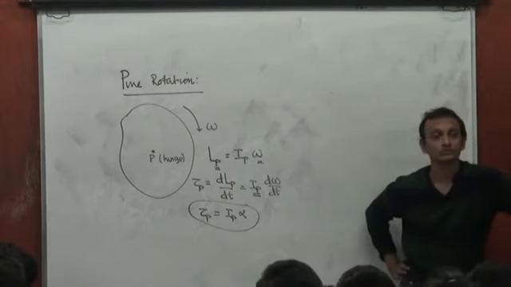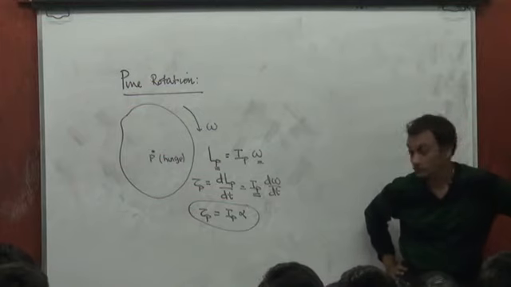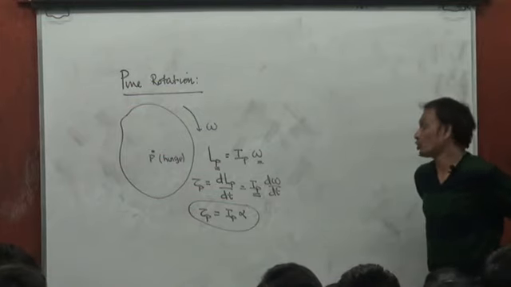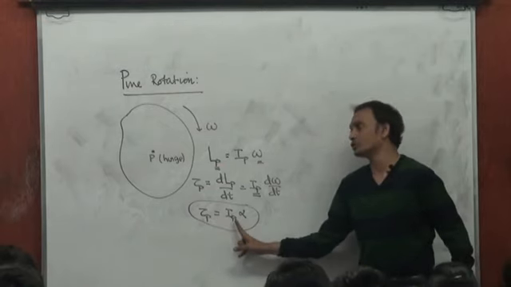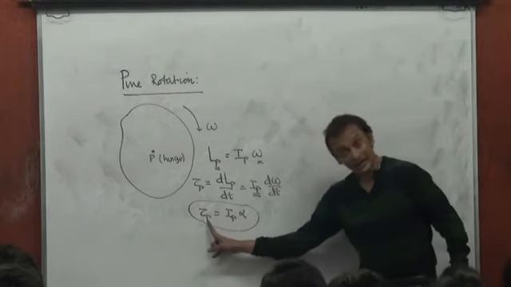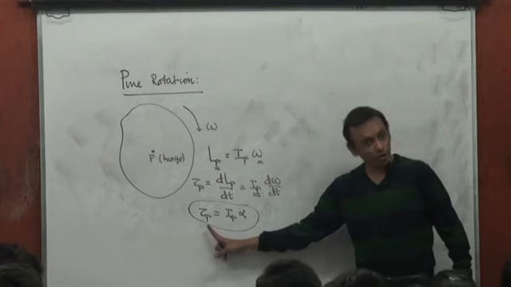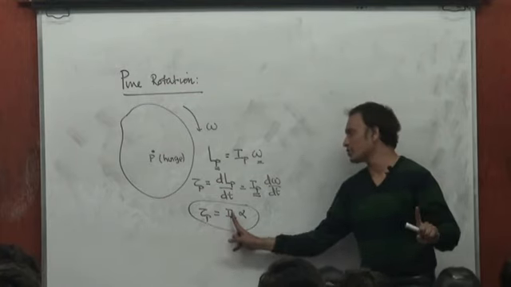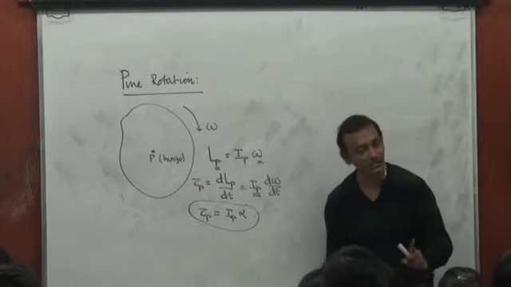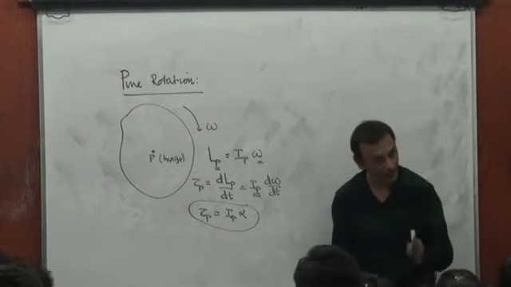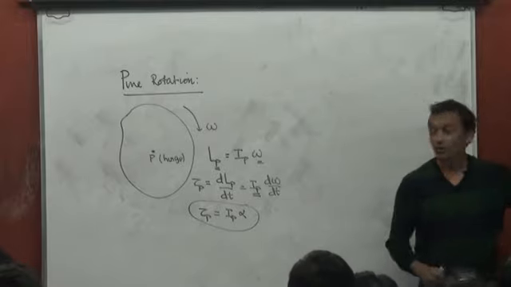Yes or no? So, in pure rotation, about the hinge, you can apply the equation tau equals I alpha about the hinge, where alpha is the angular acceleration, right?